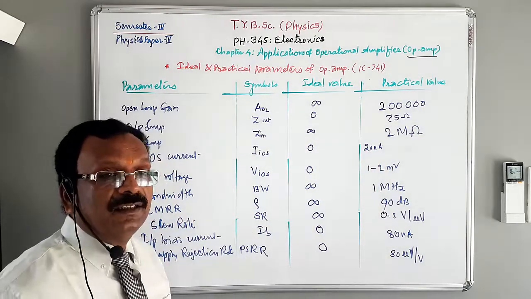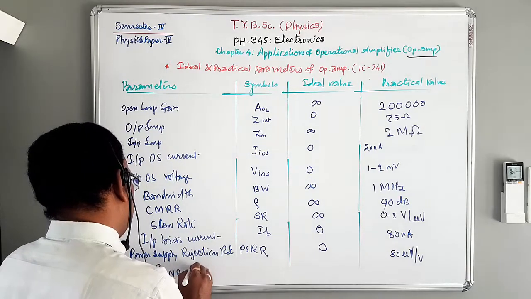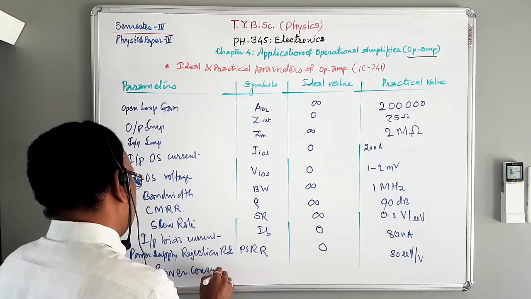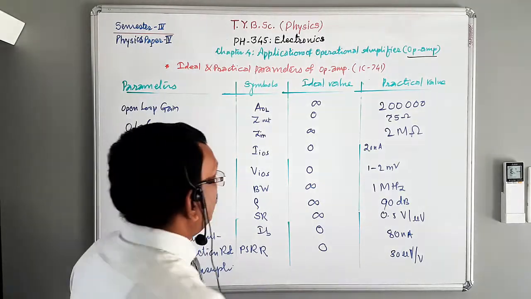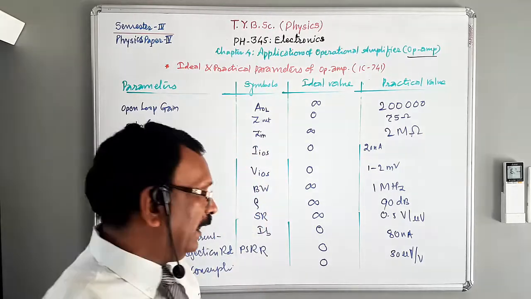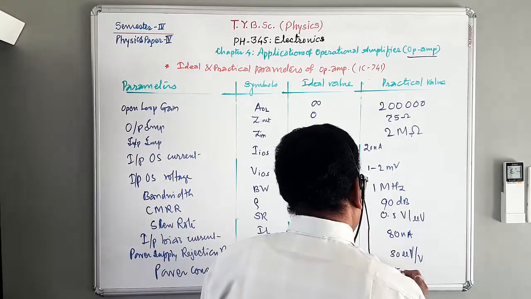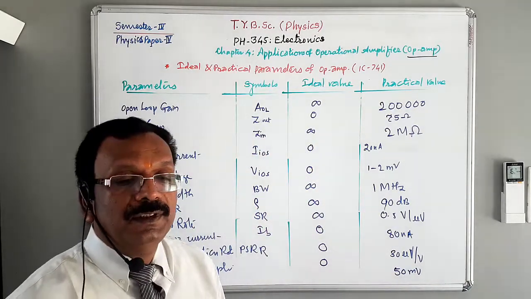And last, power consumption. Ideally an op-amp consumes 0 power, but it is not true. Practically 50 milliwatt power is consumed by an op-amp.